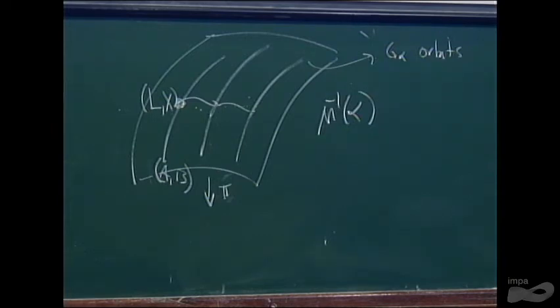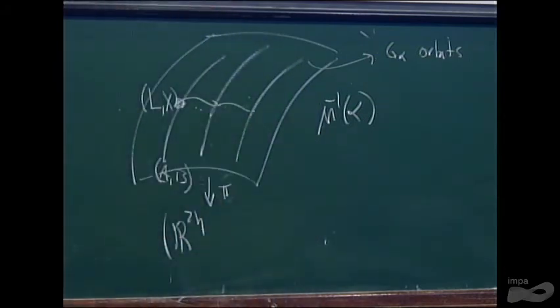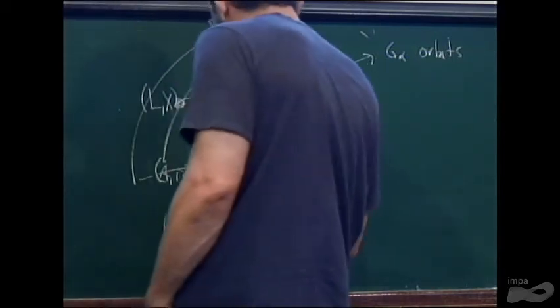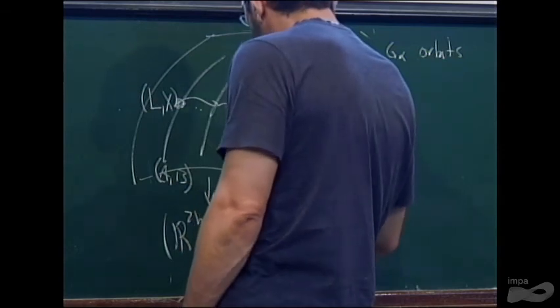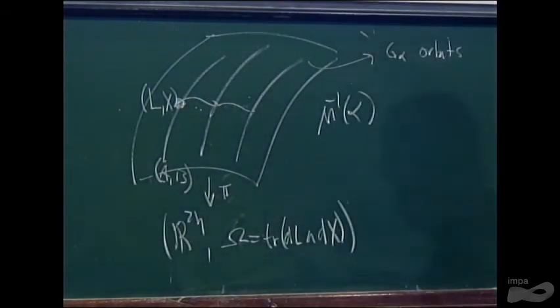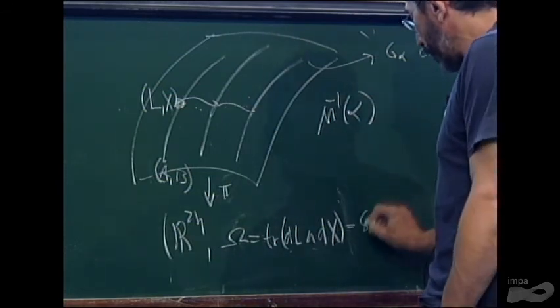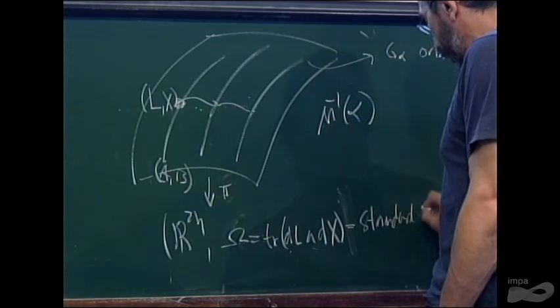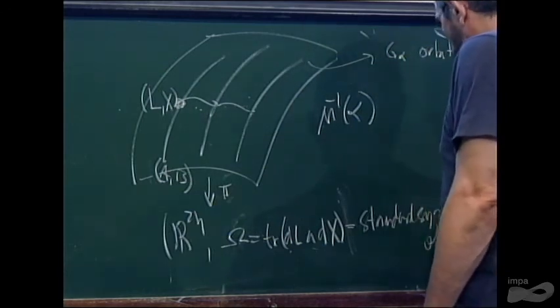So the quotient here is really something that can be identified with R2n. And if you take omega equal to the trace of L dX, you will see that, doing just a computation, this omega here is really the standard symplectic form of R2n.